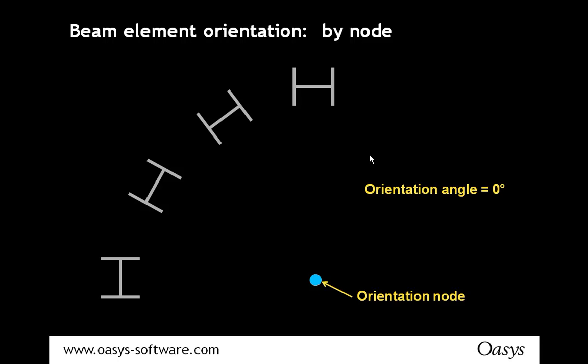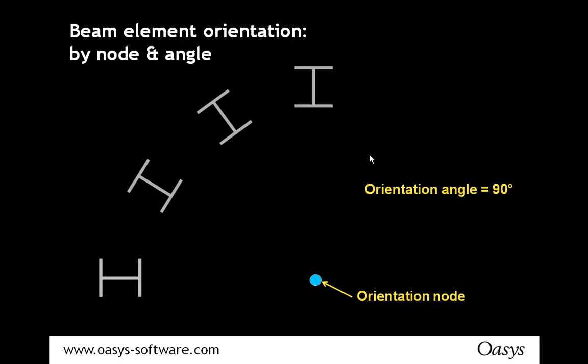For example, they're all orientating themselves to that node in the corner, or of course make a combination of the two. Very useful obviously for circular buildings, also very good for roofs, sloping structures and so on, where you're not necessarily quite sure of what the angle should be, but if you've got a node you can orientate elements to, you can make use of that.